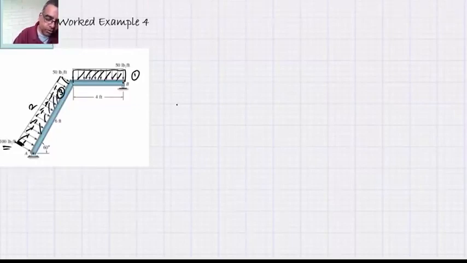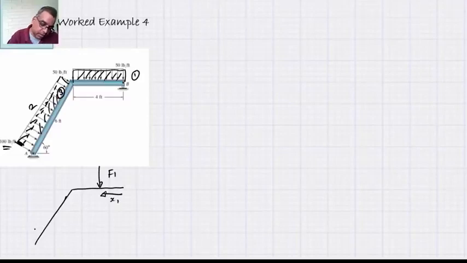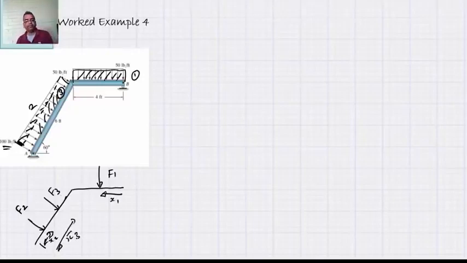So I'm going to replace this whole thing with one force here, F1, at a distance x1, then F2 at a distance x2, and then F3 at a distance x3. So how much is F1?